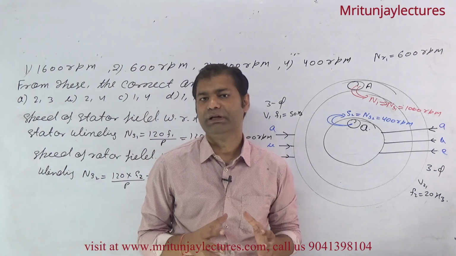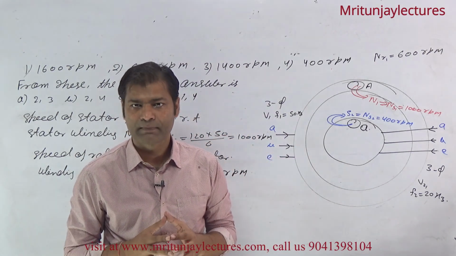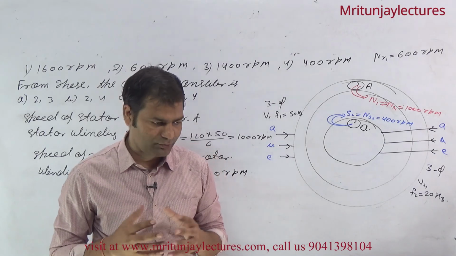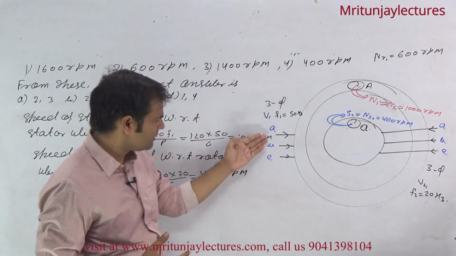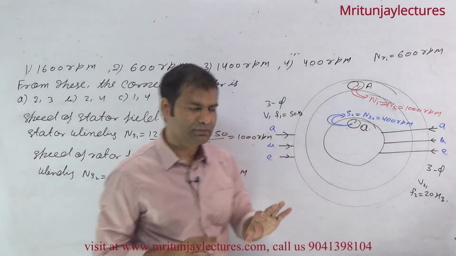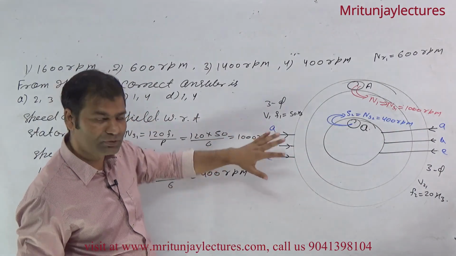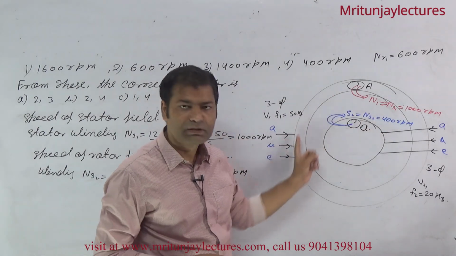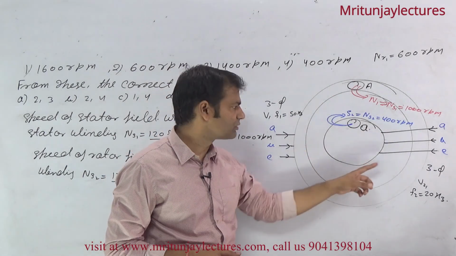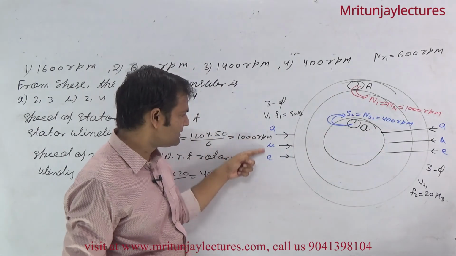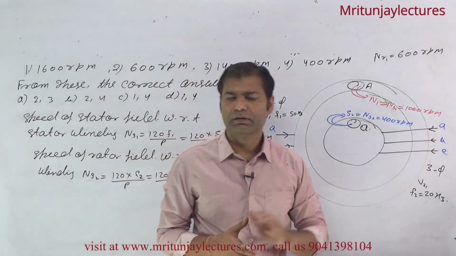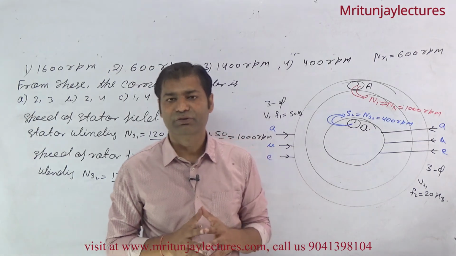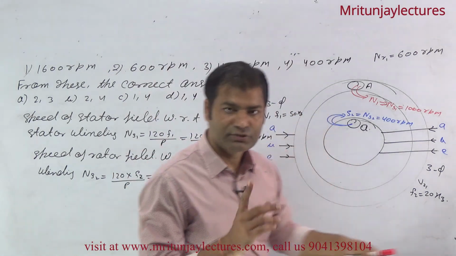Then both fields are rotating in the same direction. If both are positive or both are negative, the direction of the stator field is like this one and the rotor field is also like this one. If it is ACB and ACB, both supplies are negative sequence. Clear? So two cases are possible.